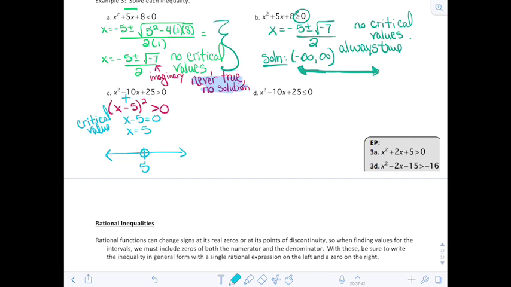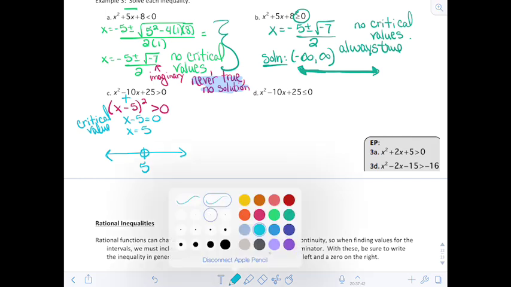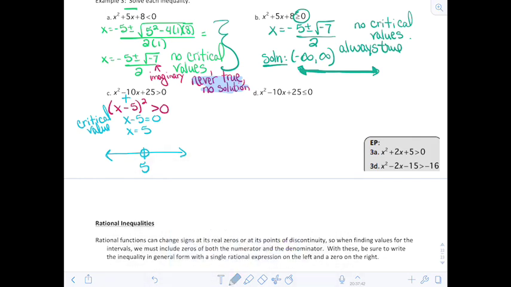So I'm going to test a value below 5 and above 5. I'm going to test 0, and I'm going to test 10. And I'll plug them in. So if I have 0 minus 5, that's going to be a negative times a negative because there are two of them, x minus 5 and x minus 5. So a negative times a negative gives me a positive.